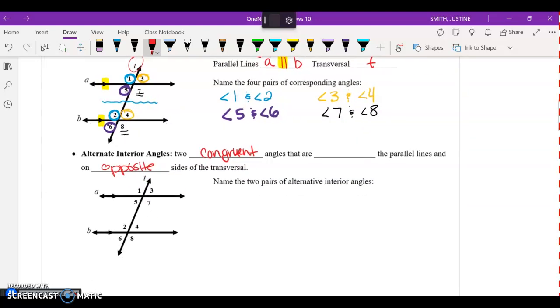If you look at this, angle 5 and angle 4 are two angles that are inside. That's what you want to know for alternate interior angles. Interior means that they're inside the parallel lines. Another pair of alternate interior angles would be angle 7 and angle 2.